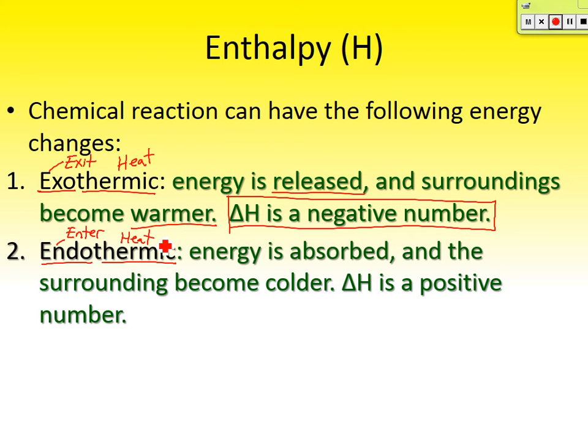So heat is entering, or it's being absorbed by these chemical reactions. And the surroundings, if you take all the heat away from the surroundings, are now going to feel what? Cold. You're taking the heat away from them. That heat is leaving. Now the surroundings feel cold. And the delta H is a positive number.